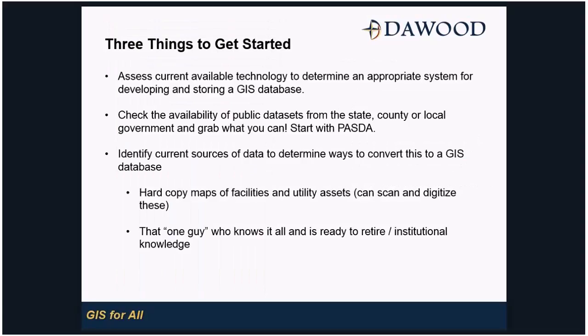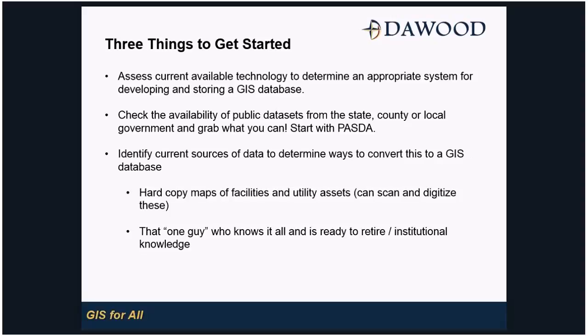So three things that I would suggest to get started making your community a smart community is, first, assess the current available technology and determine an appropriate system for developing and storing a GIS database. And it doesn't necessarily even need to be GIS. Just start gathering the information in CAD or another software.